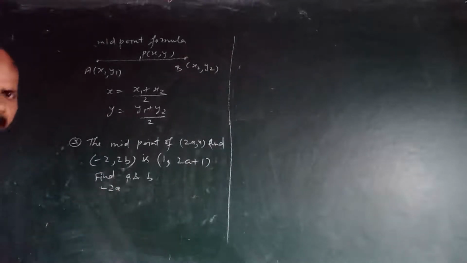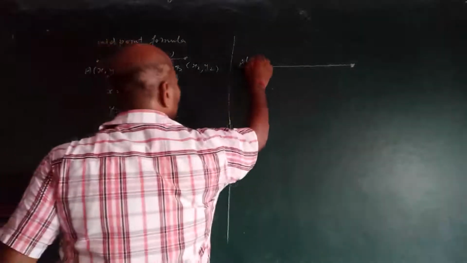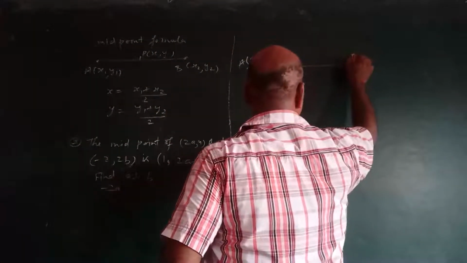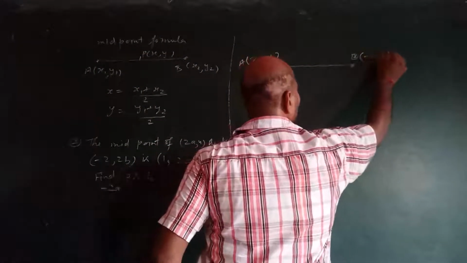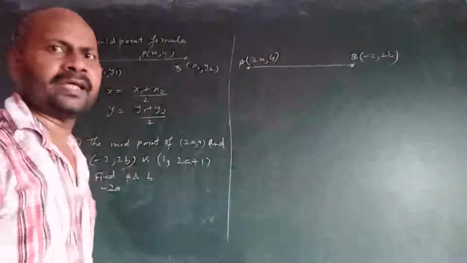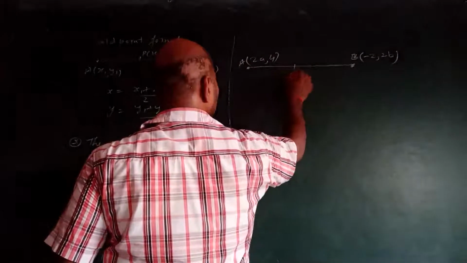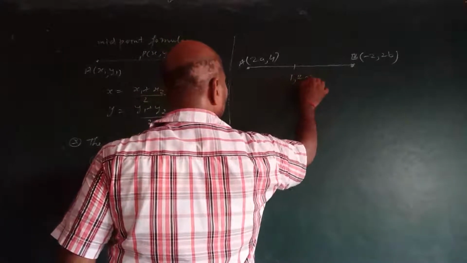I will make a figure of this first, the figure will make it a bit easier. Here we have A (2a, 4), and B (minus 2b), and the midpoint P is (1, 2a plus 1).